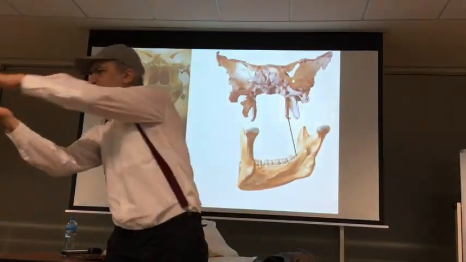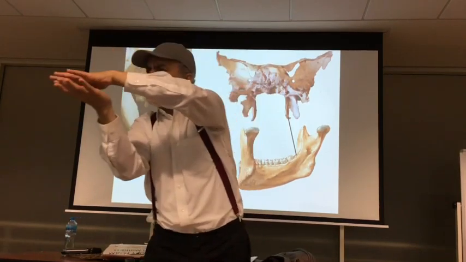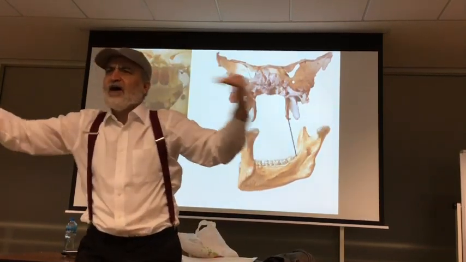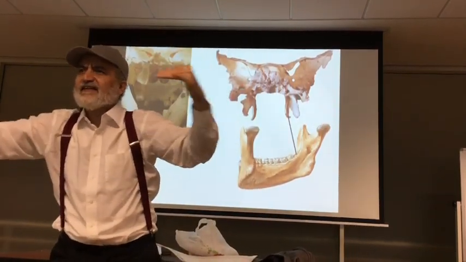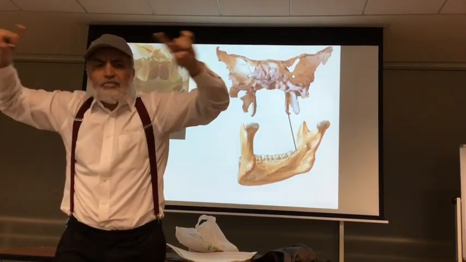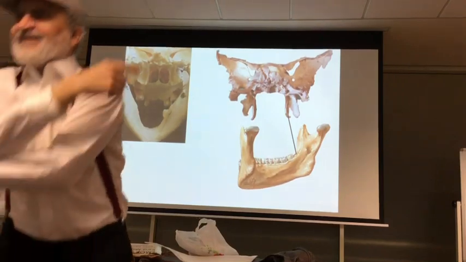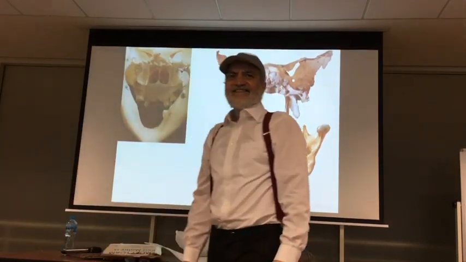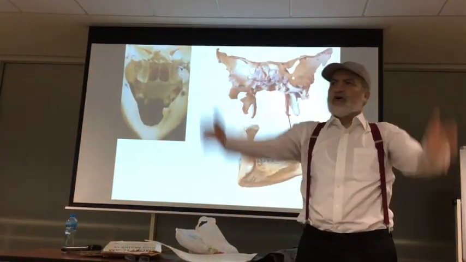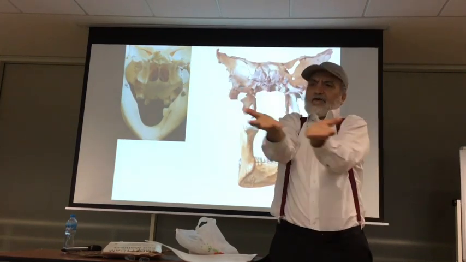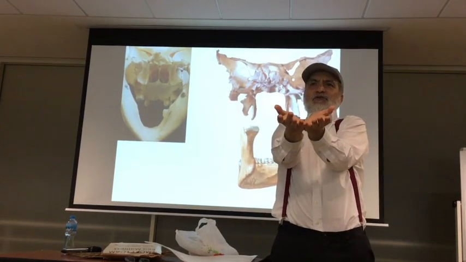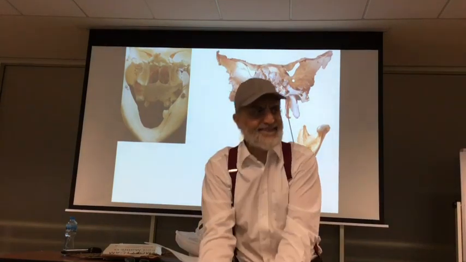Between spread 1 and spread 2, I will have muscles insinuating themselves to make palatoglossus and palatopharyngeus. So I have floor number 2 and floor number 1.